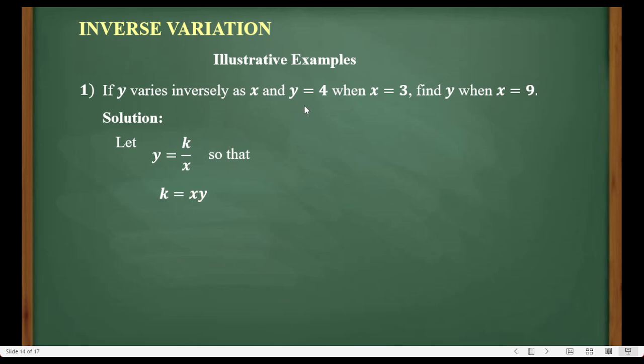Now, using the initial values of x and y, we can compute for k. The initial value of y is 4, while x is 3. Using these values, we plug in these two to this equation, then we can compute for k. So k is equal to xy, or k is equal to 3 times 4, which is 12.